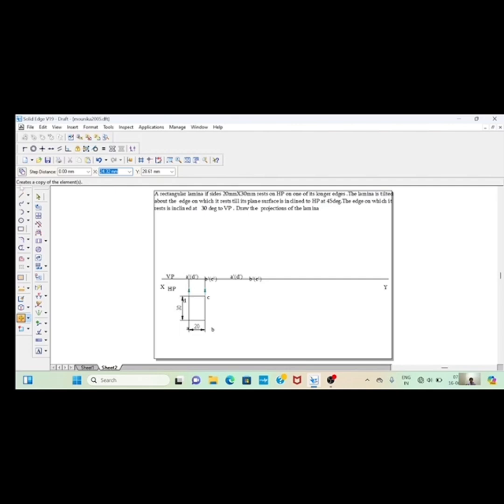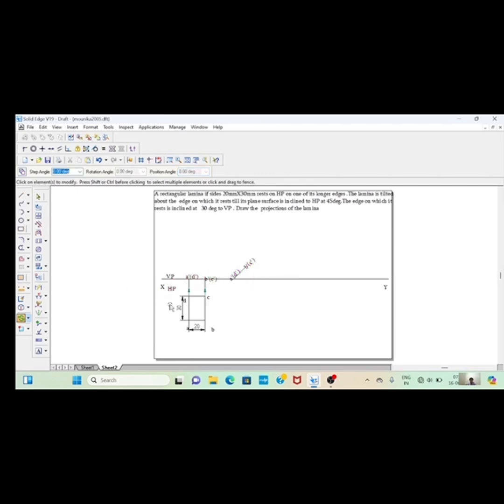Now go to rotate option, and select the line which should be rotated, and take the reference points A and C. Now rotate it to 45 degrees as given in the question.